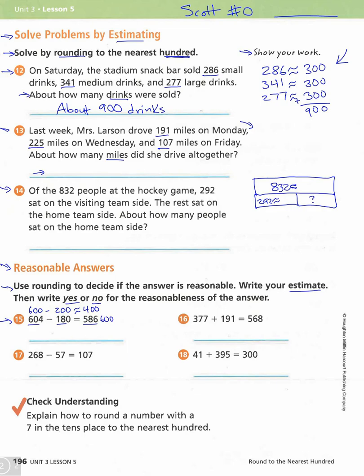So is 586 a reasonable answer to 604 minus 180? No, it's not. So we need to write no there. We wrote our estimate there, so you don't have to rewrite it down below. You could, 400, and then no.